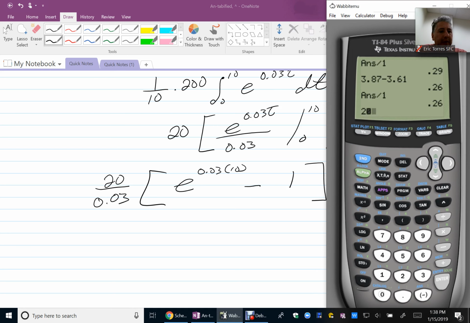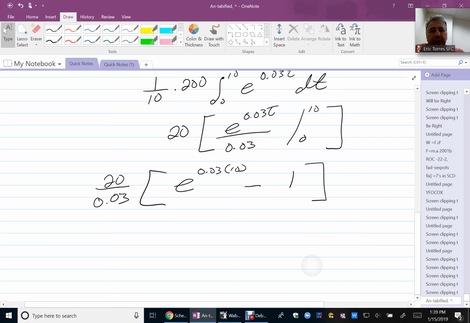There we go. 20 divided by 0.03 times, oops, times, parentheses, e to the, what is that, 0.3, because I'm multiplying by 10, 0.3, minus 1. And final answer, 233. We'll round there for this particular problem.